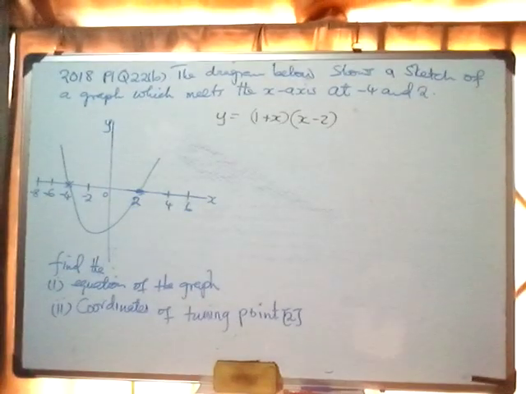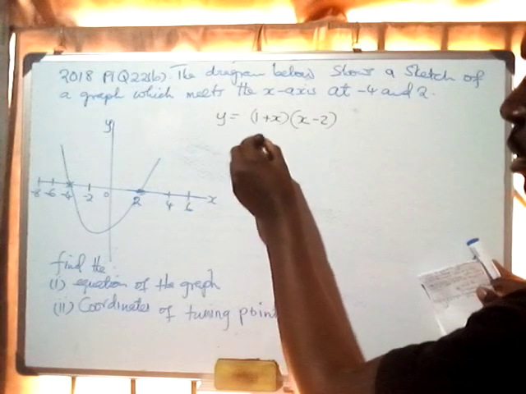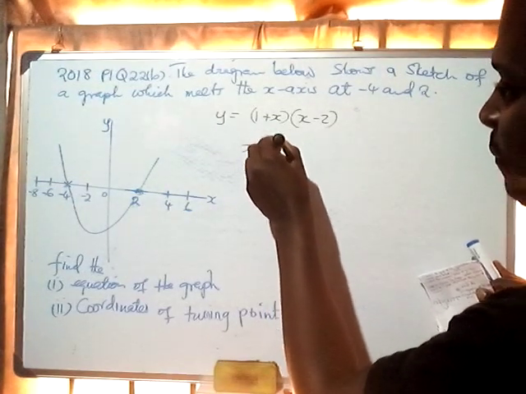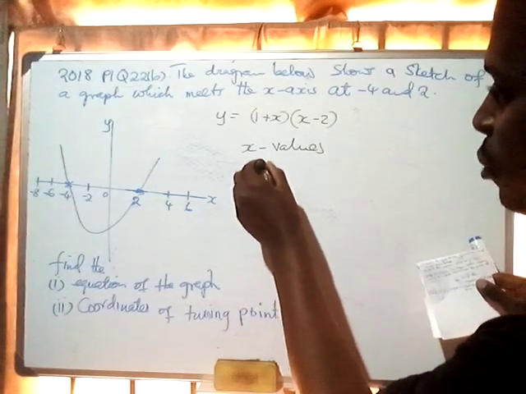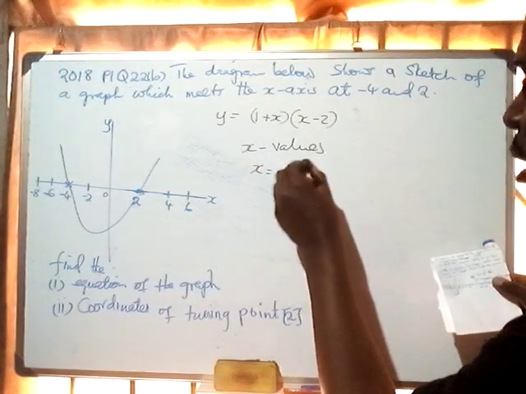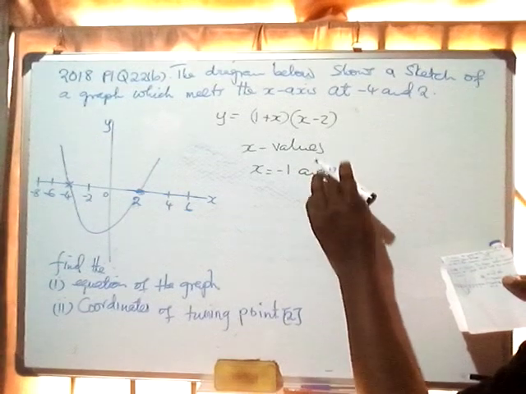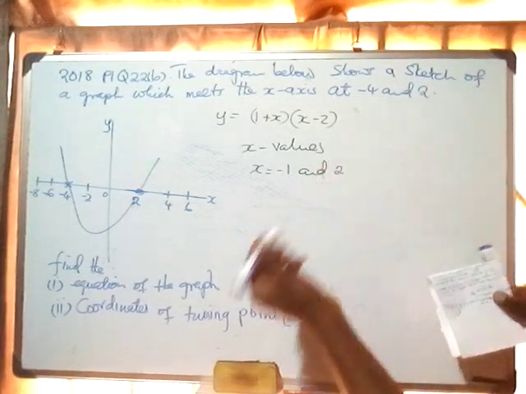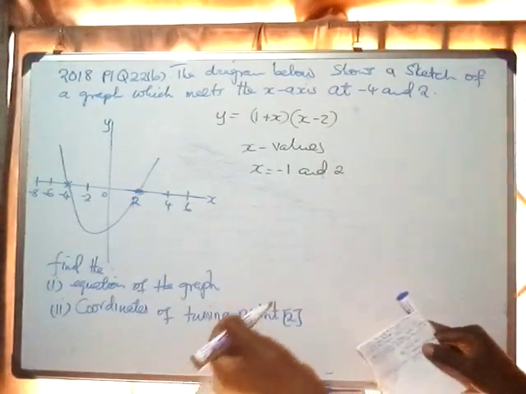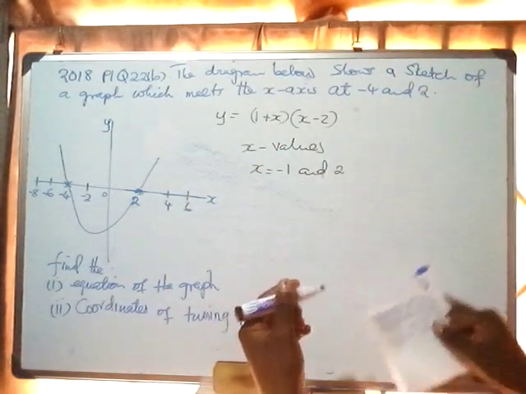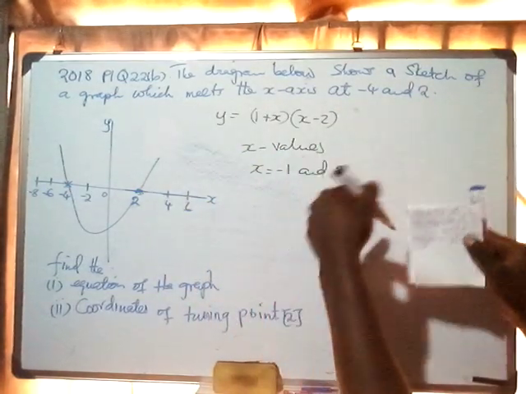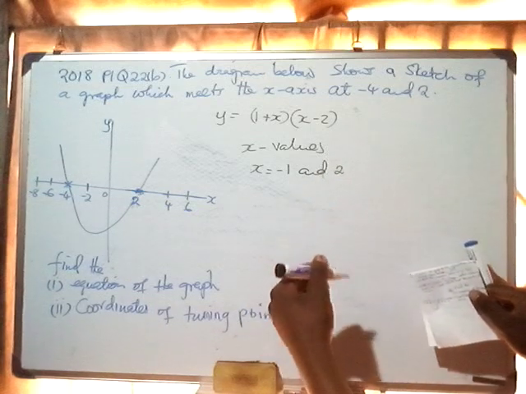Now, you have to find the x coordinates, the x values. In other words, the roots, which were the x values, were -1 and positive 2. Those are the answers we got.